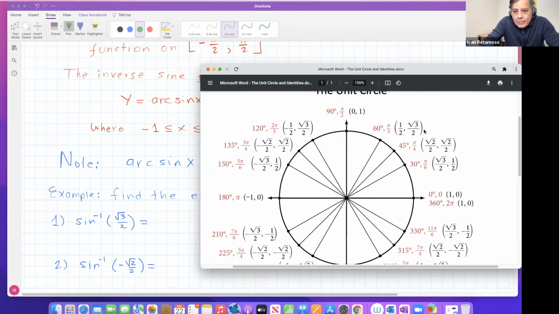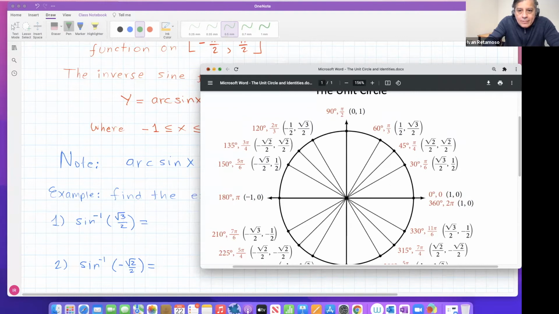You look for the second coordinate, because the first coordinate gives you cosine, remember? The second coordinate gives you sine. So this angle here, 60 degrees, has second coordinate square root of 3/2. Therefore, the sine of 60 degrees is square root of 3/2. Great.